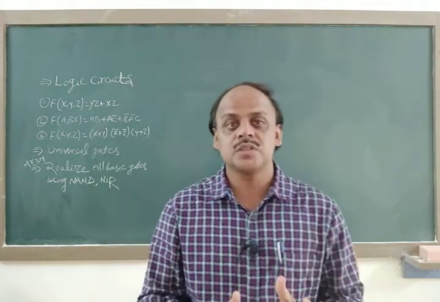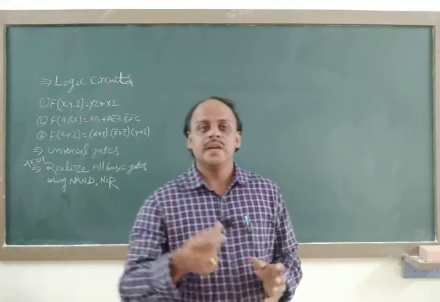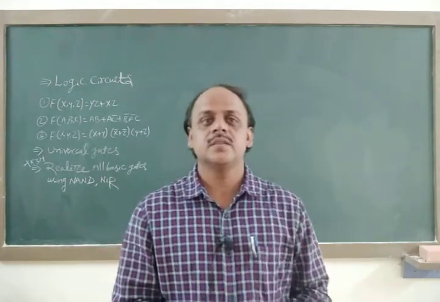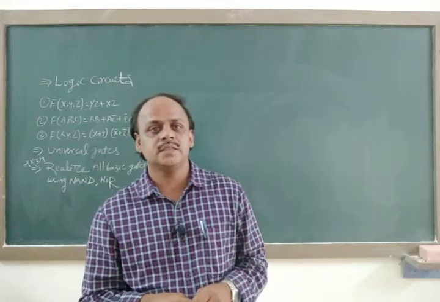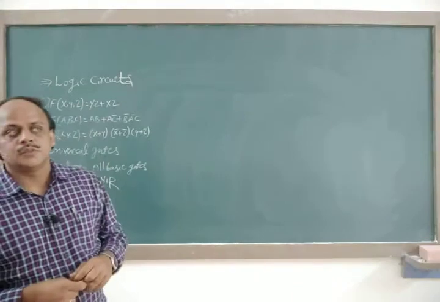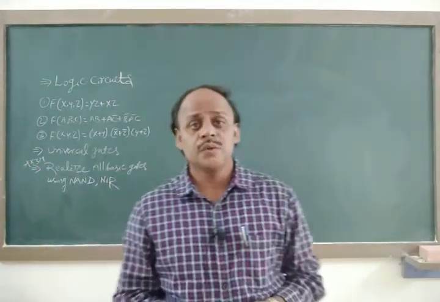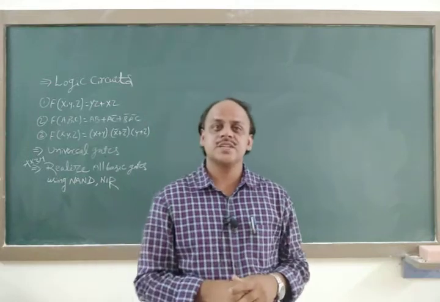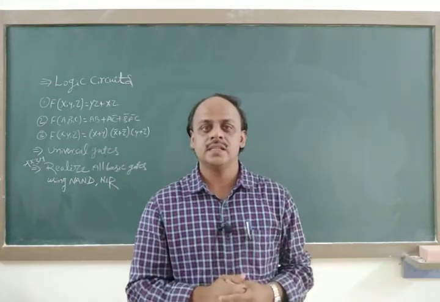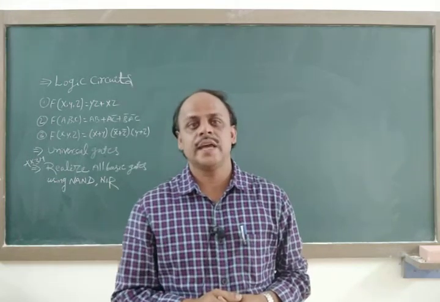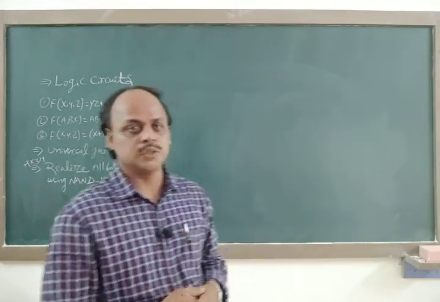So this process of translation of Boolean algebra into logic gates form is known as logic circuits. So what is a logic circuit? The process of translation of Boolean algebra into logic gate form is known as logic circuits.